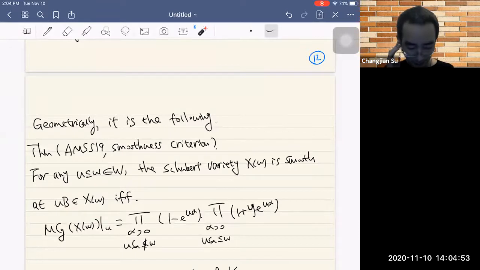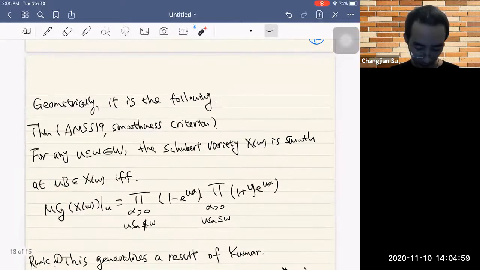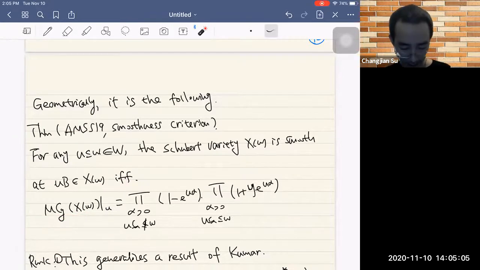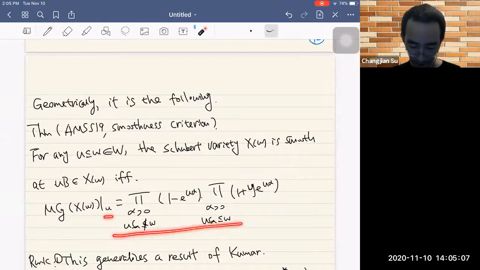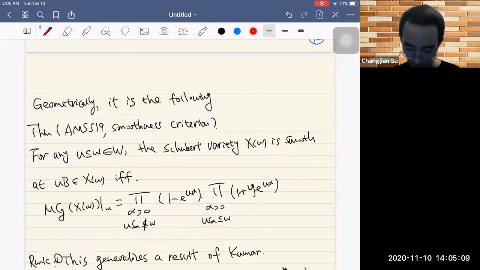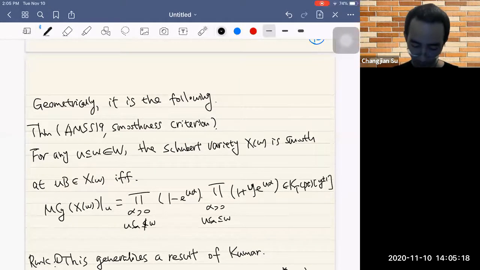Our result says the Schubert variety is smooth at this fixed point if and only if the localization of this K-theoretic multiplicative characteristic class at U is given by this formula, which lies in K_0 of a point, with y to the power plus or minus 1.